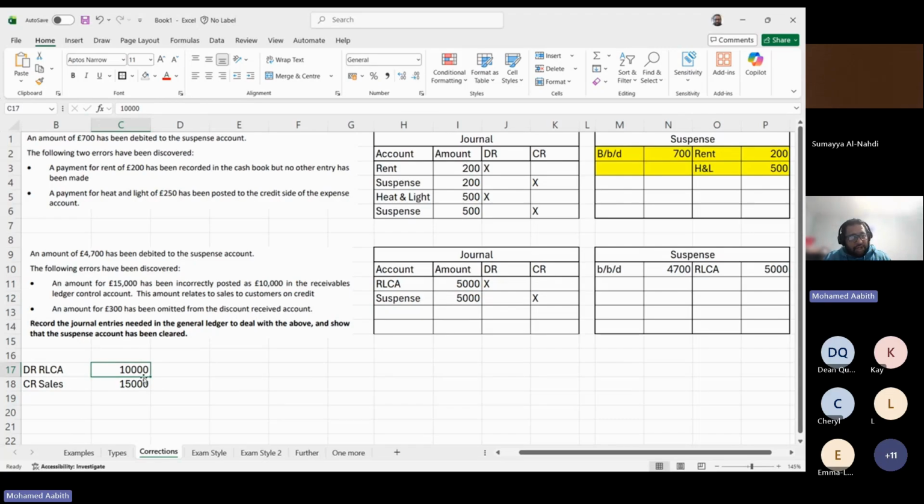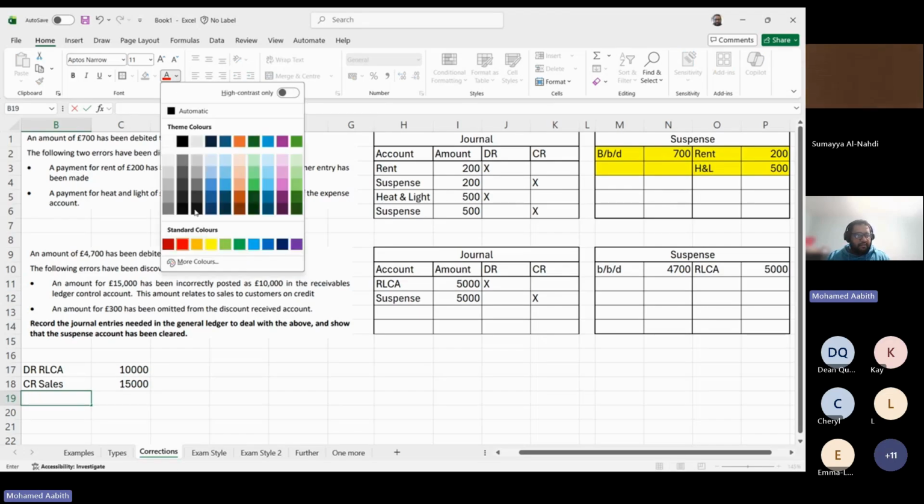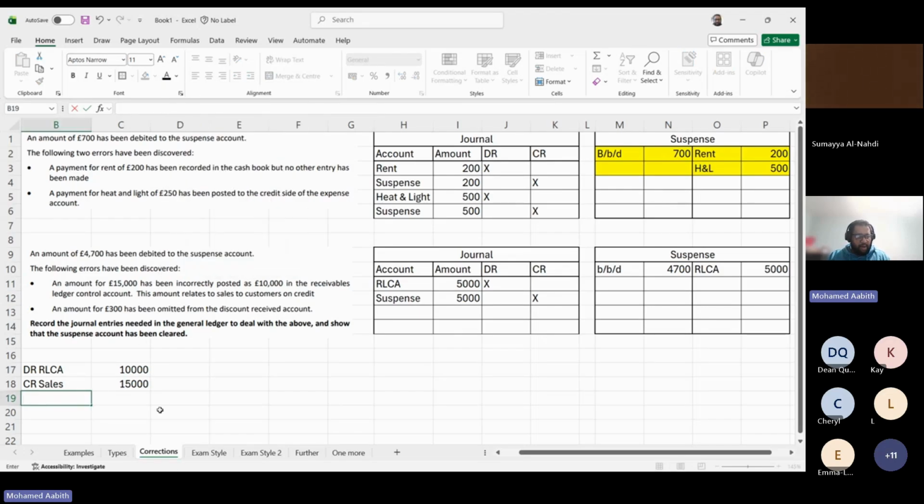Okay, so now let's look at the next part of it. The amount of £300 has been omitted from the discount received account. So if I look at that discount received account, it needs to be PLCA. Hold on, I don't need that color.